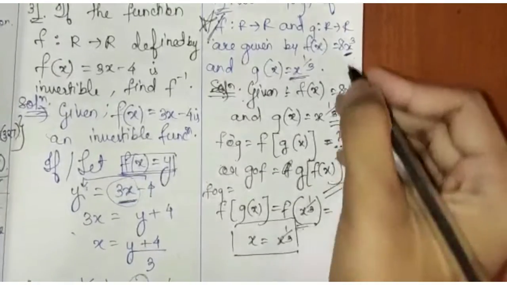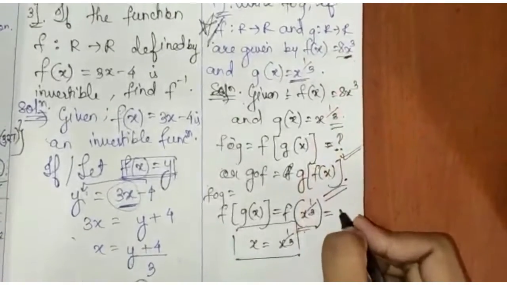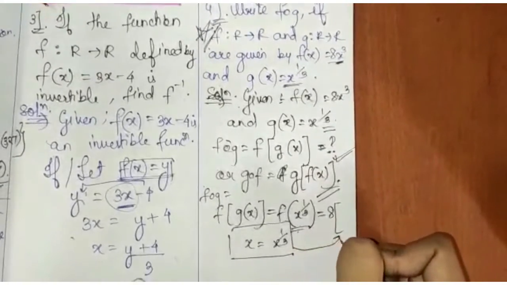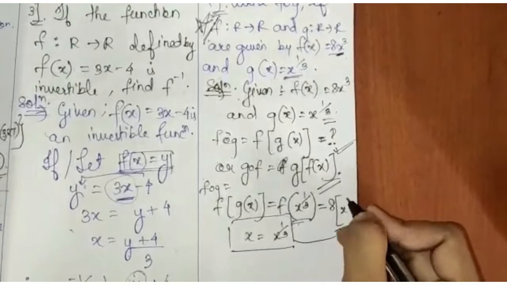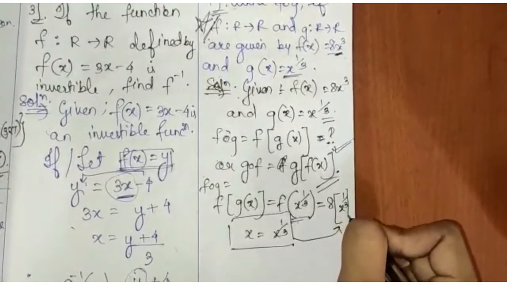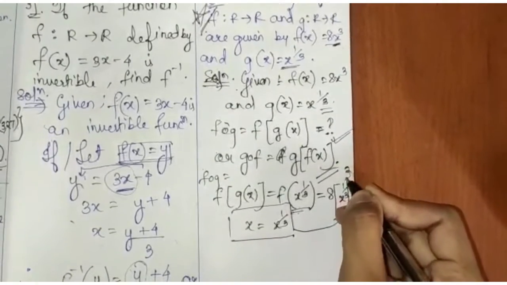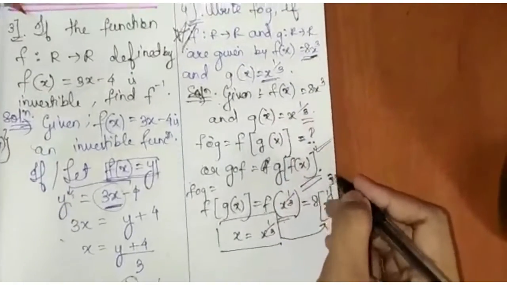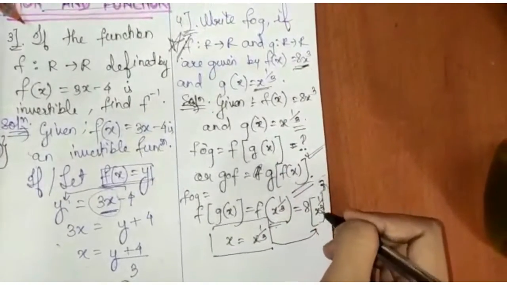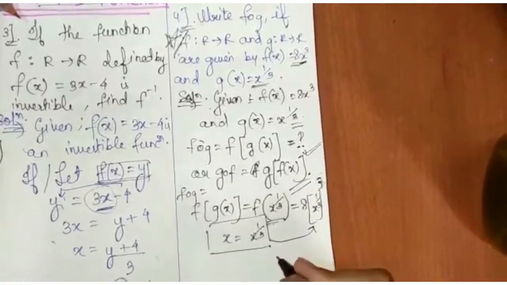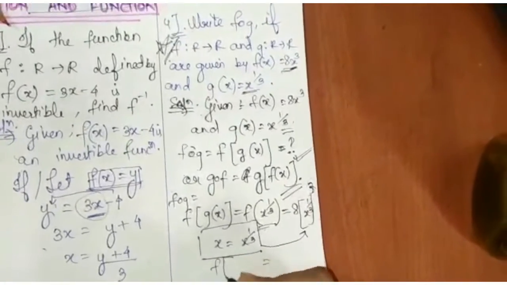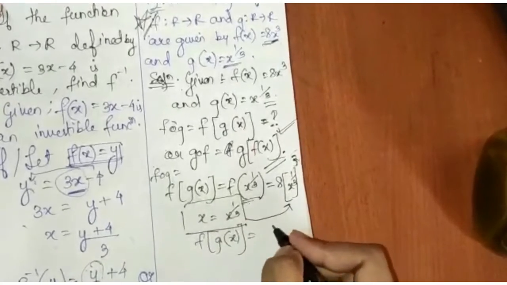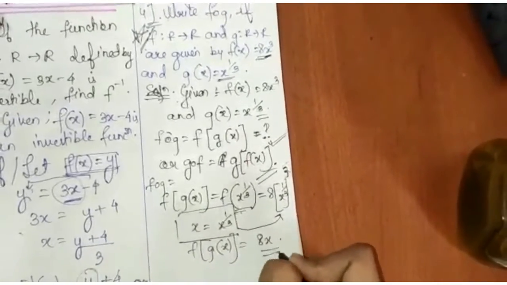So observe, I am taking this f of x, that is 8, in place of x, my value would be x raised to 1/3 and cube, because of 8x cube. In place of x, I have just put x raised to 1/3. So hence your answer for f of g of x will be 8x.